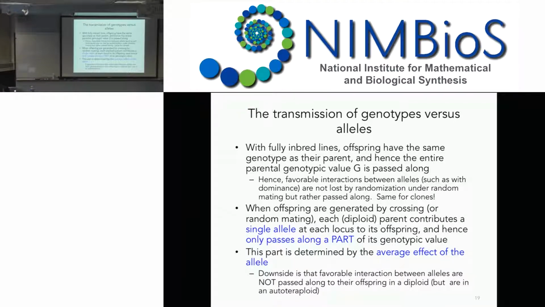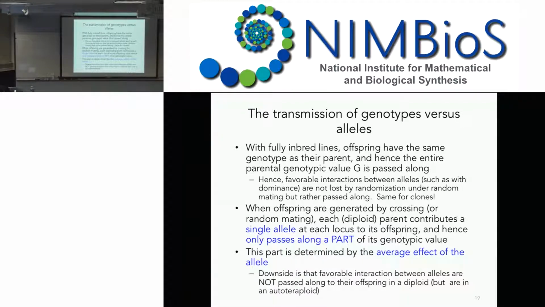And the key idea is when you have offspring generated by crossing, each diploid parent passes on a single allele to an offspring. If you're a tetraploid parent, you pass on 2 alleles. Hexaploid, etc., 3 alleles.